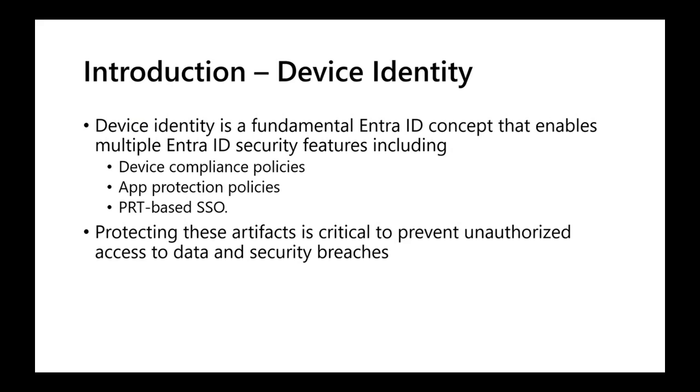And there are artifacts on the device, such as a certificate and tokens, that allow us to make assertions about a device in terms of who is using it, what its unique identifier is, and how authentication was performed. These artifacts and their security are key to enabling capabilities like device and app compliance and protection policies, as well as enabling user niceties like device-wide SSO. And so as a result, we place a really high level of importance on keeping these artifacts secure as they function like credentials associated with a device.